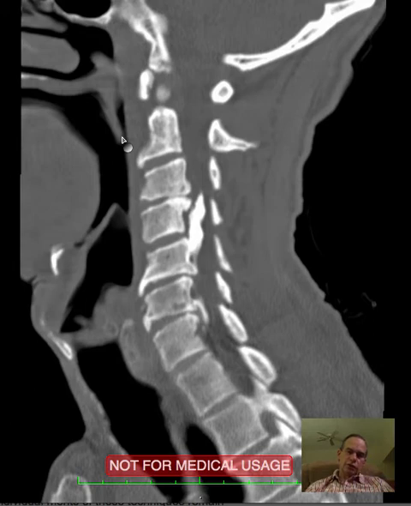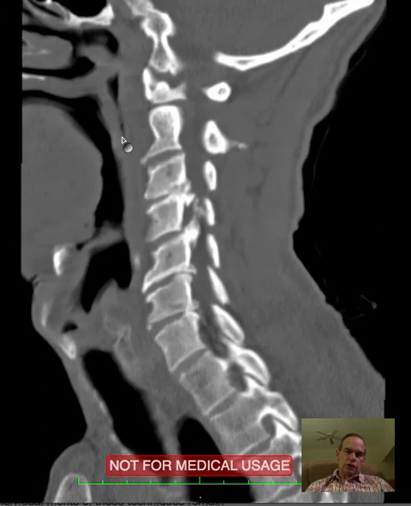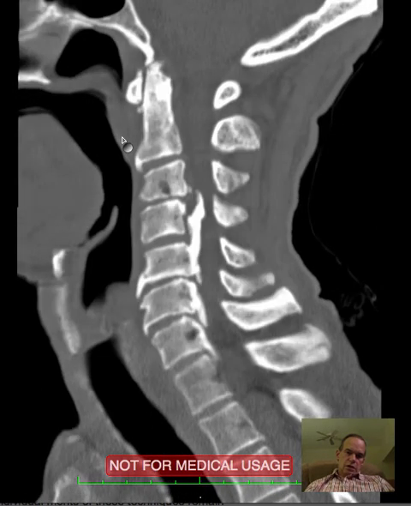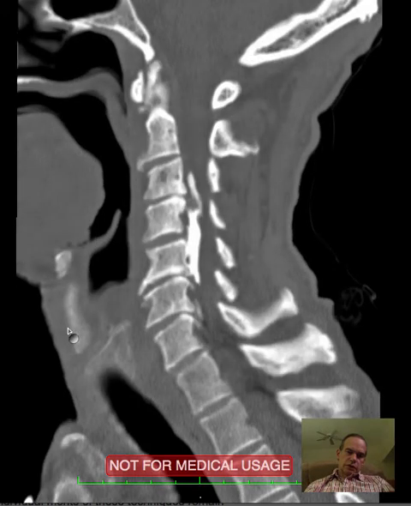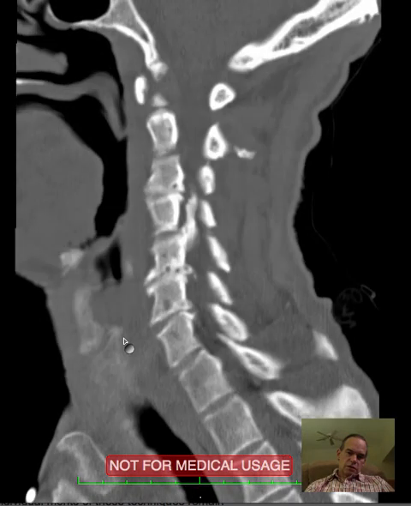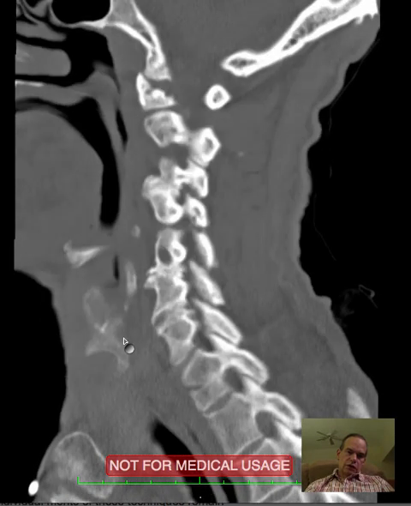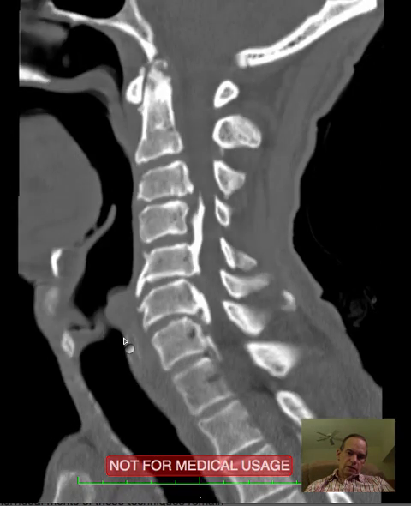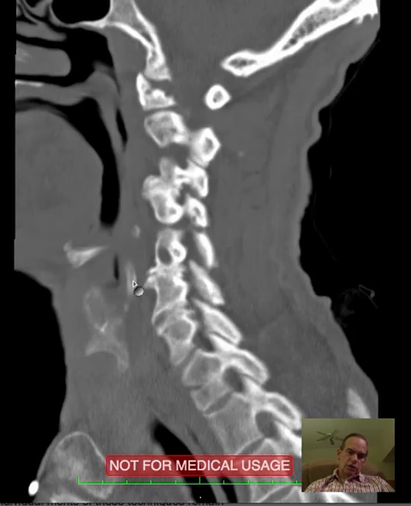You don't have to vocalize though. It should be there anyway, but it shows up better when you vocalize. And here's the thyroid cartilage, partially calcified. And here is cricoid cartilage here. And here is arytenoid cartilage.